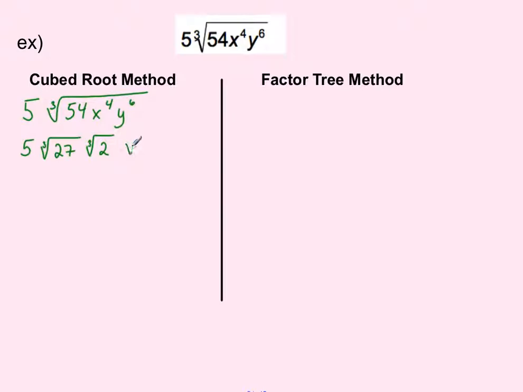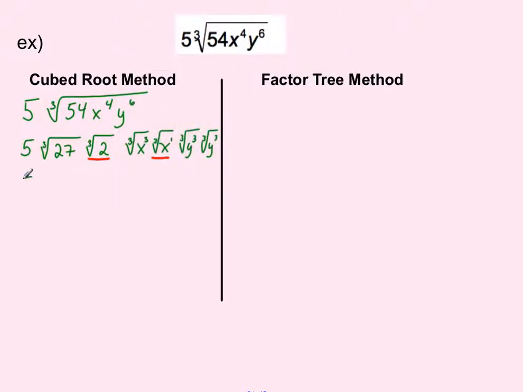X to the 4th is the cube root of x to the 3rd times the cube root of x to the 1st. And y to the 6th is the cube root of y to the 3rd times the cube root of y to the 3rd. That's everything broken up into perfect cubes. All right, so ones that are not perfect cubes are here, and everything else is.